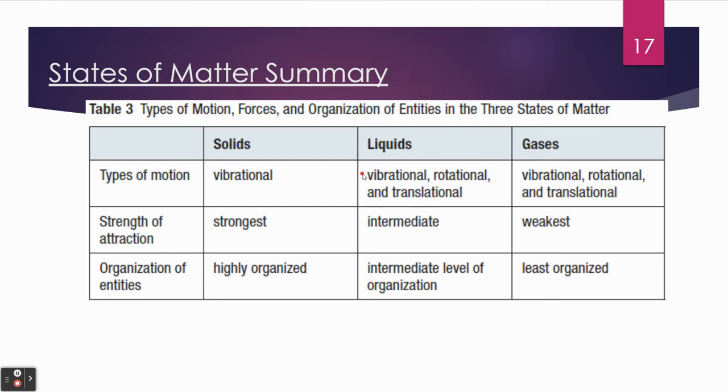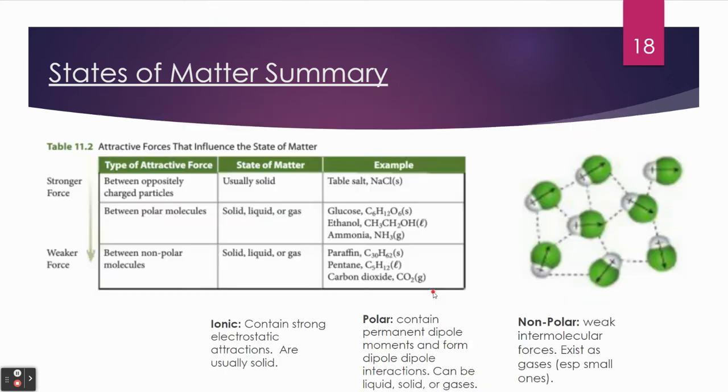You'll notice that in this table it says that liquids can experience translational motion. It'll be very, very limited translational motion for liquids. That's really primarily reserved to gases. Attraction is strongest in solids, weakest in gases, in between for liquids. Organization is super organized for solids, not so much organized for gases, and somewhere in between for liquids.